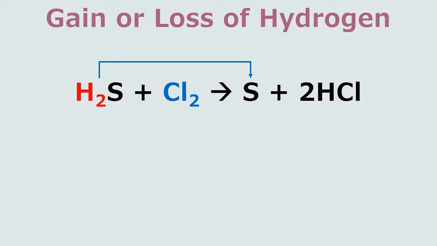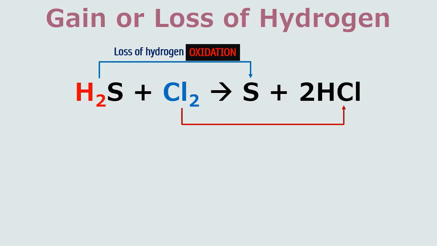When hydrogen sulfide loses its hydrogen, the reaction that occurs is oxidation, while when chlorine molecule receives hydrogen, the reaction that occurs is reduction.